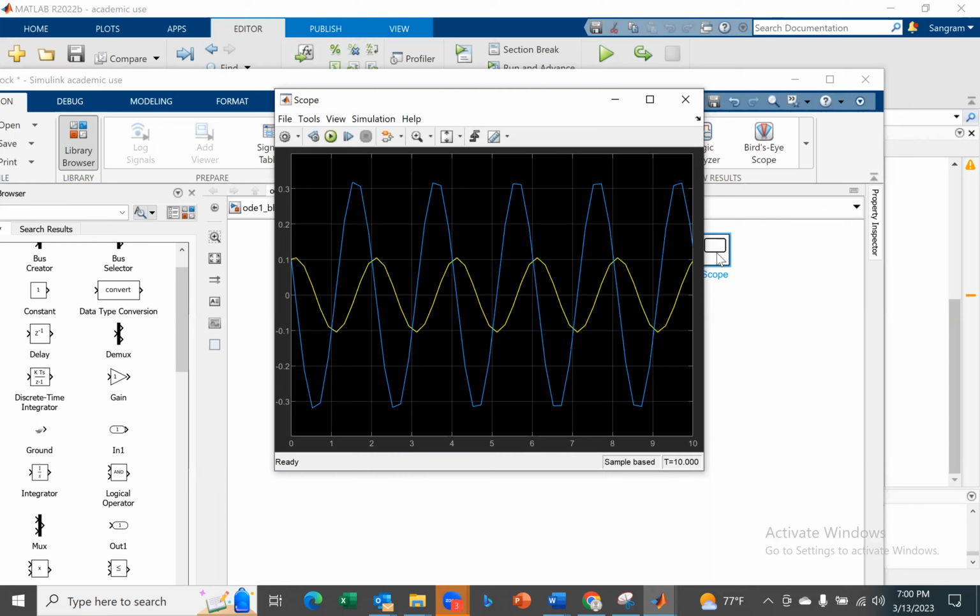That's why you can see the initial condition is starting at 0.1 radians per second and 0.1 radians. Everyone understood this? Everyone comfortable with these two problems? Can we go on to more difficult problems now?